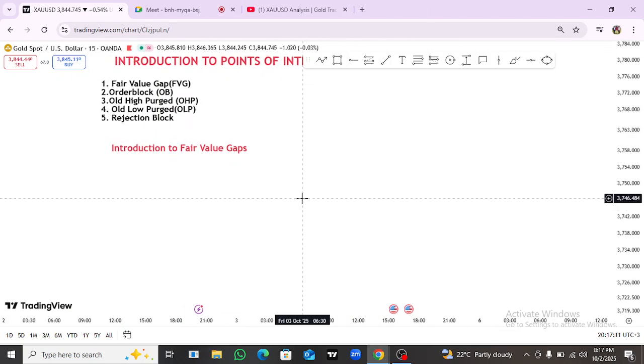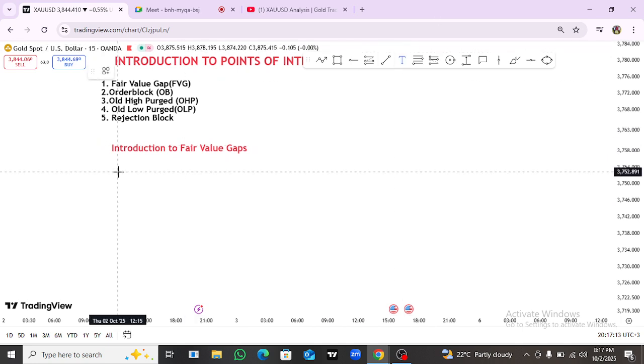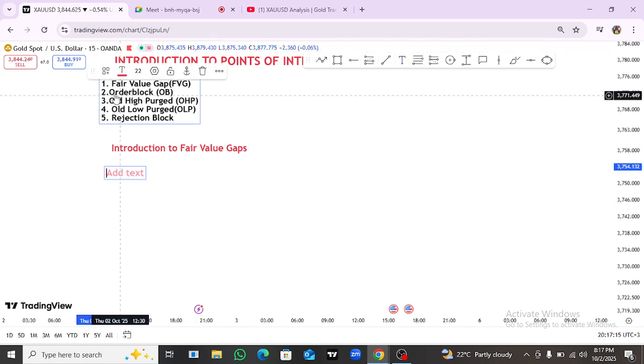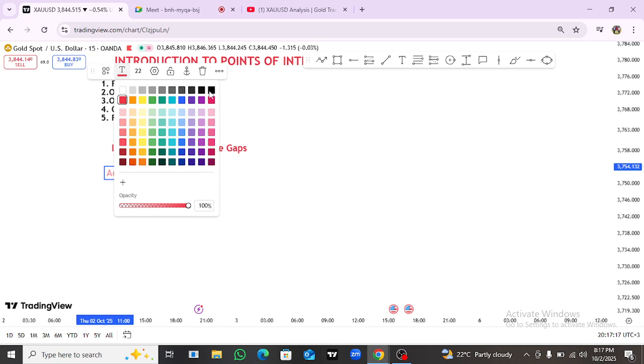A fair value gap is an imbalance in the market that happens. Let me just write that quickly.